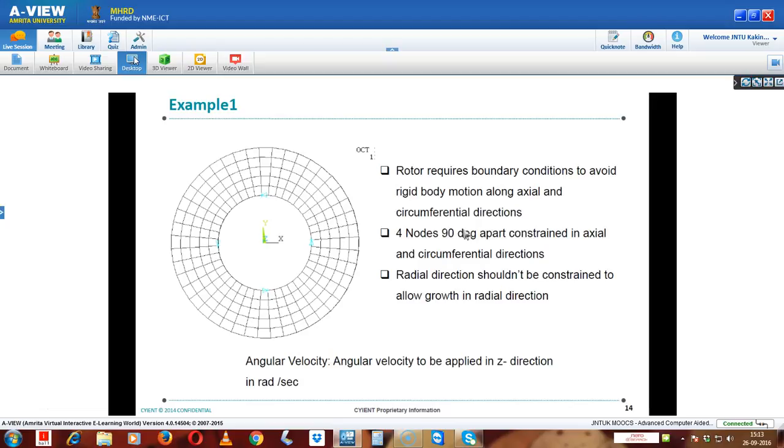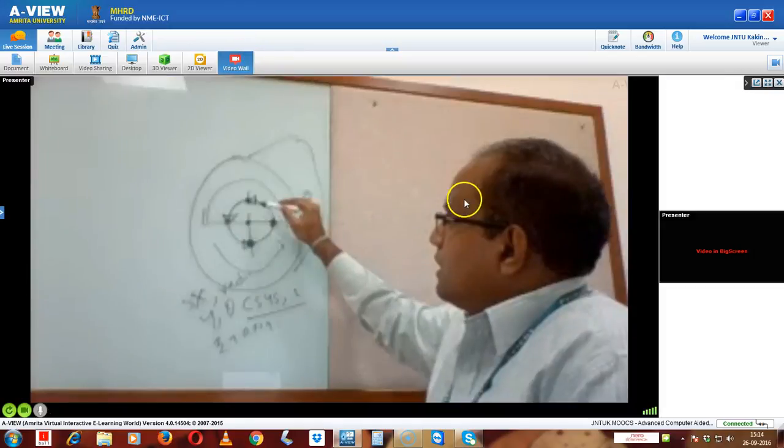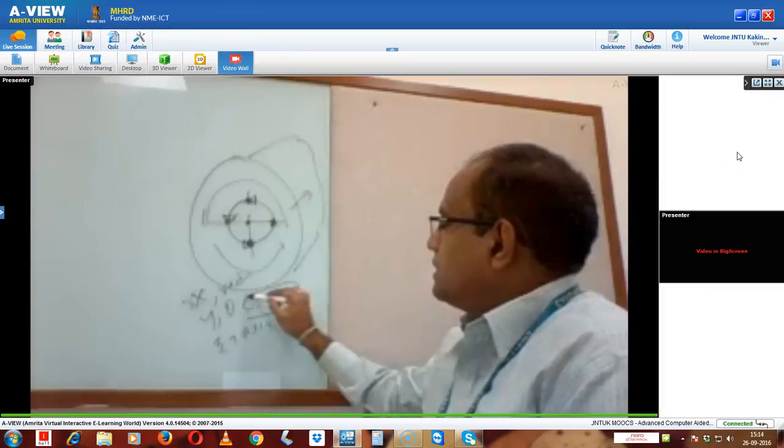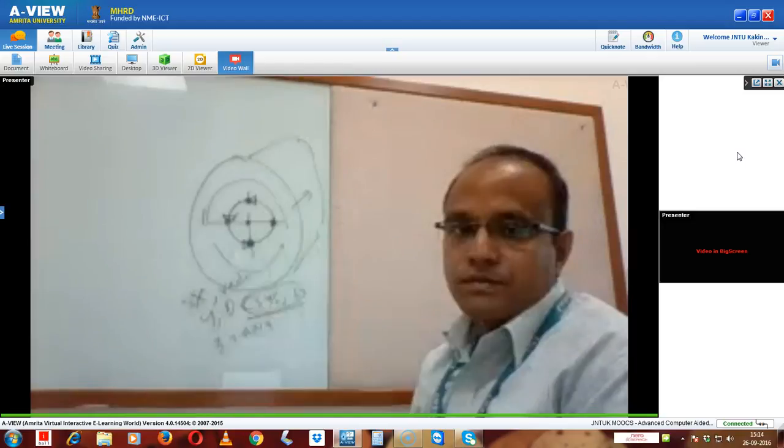What we did is pick these nodes and rotate them into a cylindrical coordinate system. In the cylindrical coordinate system, X means radius, Y means theta or circumferential, and Z means axial. We rotated all four nodes in the cylindrical coordinate system and applied the constraints.